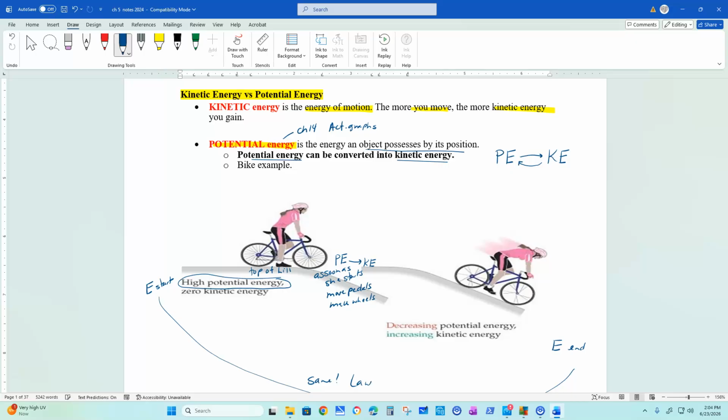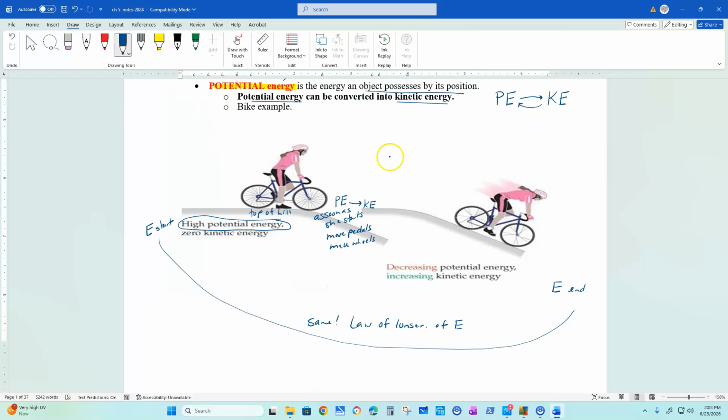It's a law in chemistry called the law of conservation of energy. You didn't create or destroy it. You rearranged the energy. But in the end, when you add up your potential and your kinetic, that total energy is the energy you started with. So over here, same thing, total energy.